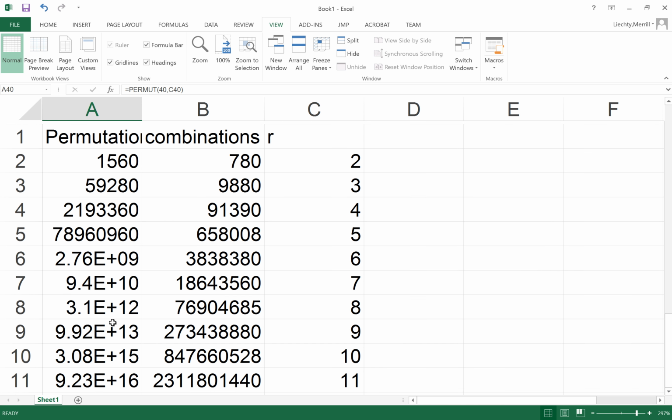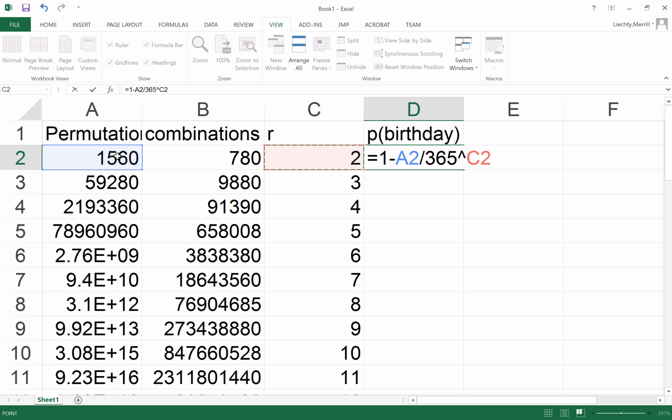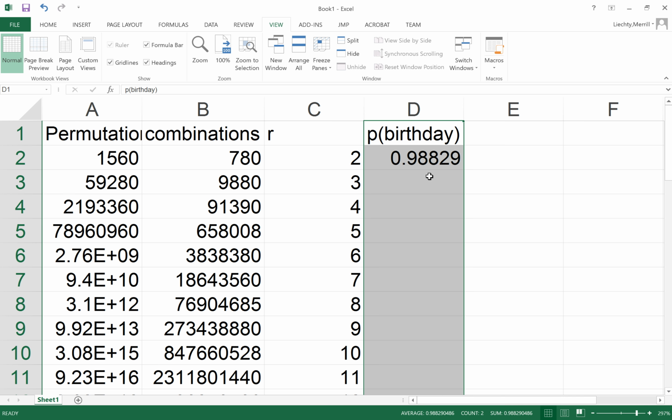Okay, so to get this birthday problem, what am I going to do? This is going to be equal to 1 minus the number of permutations divided by 365 raised to, hold on, raised to this power right here, but let me insert.